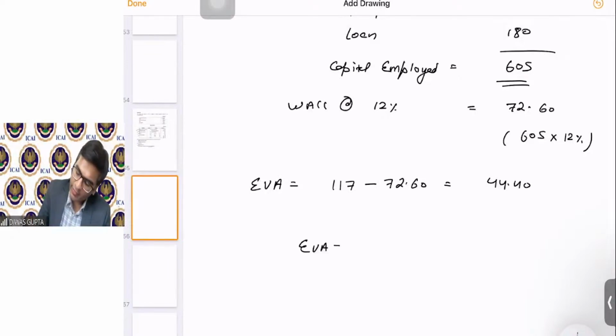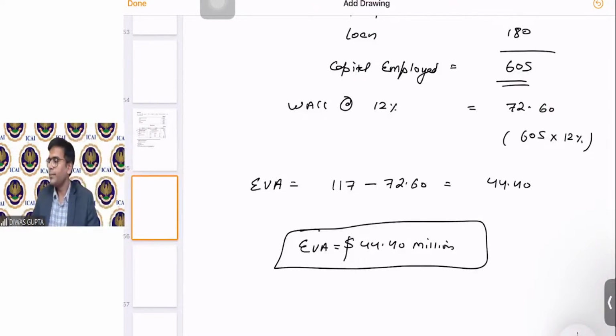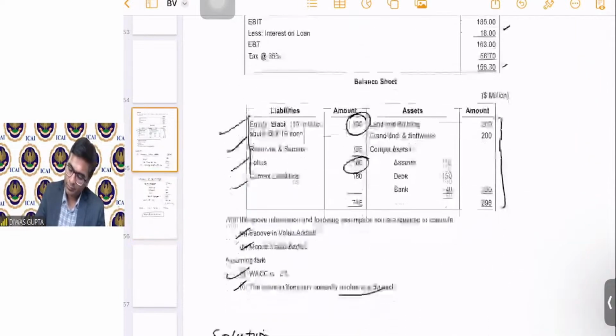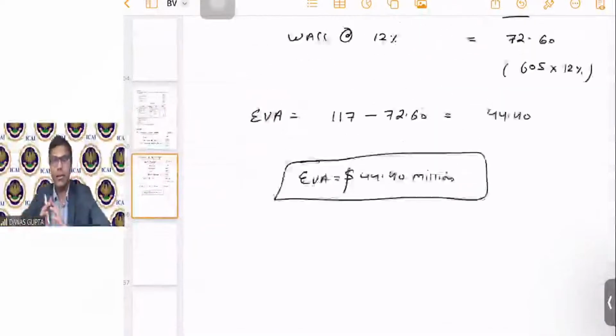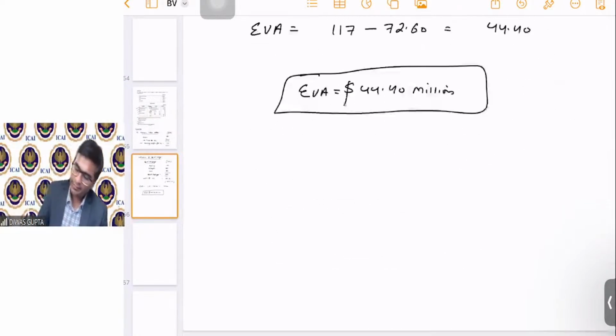So hence EVA will become $44.40 millions, right? Clear? Is it clear, students? EVA is clear. Let's go to MVA now, market value added.